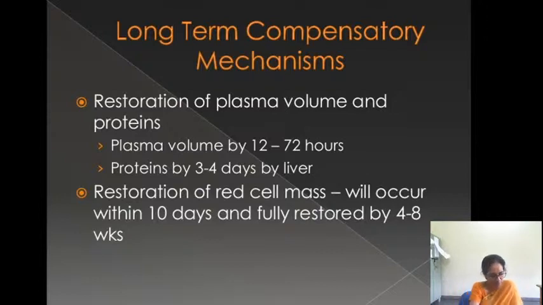First the protein will enter the vessels and correct the blood volume, and then your RBCs and other cells also will enter. And this is the long-term compensatory mechanism. It will take about 4 to 8 weeks.